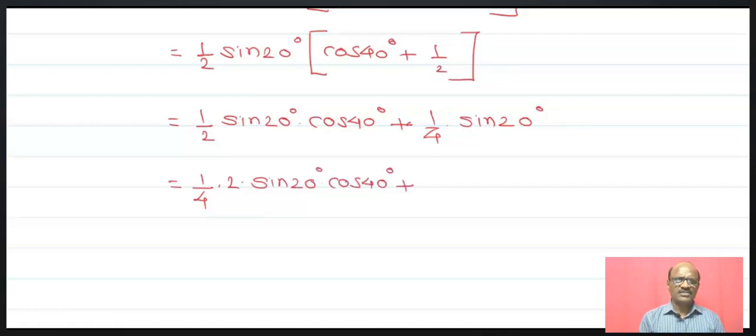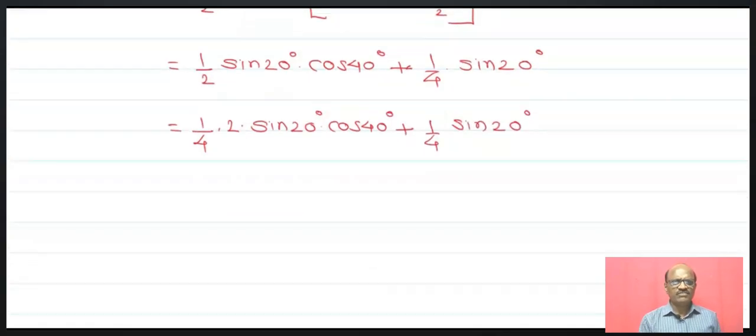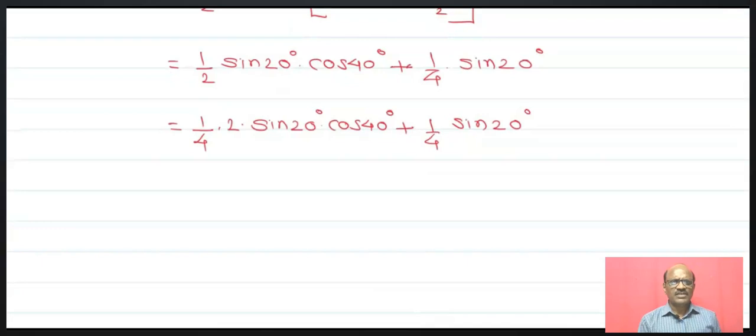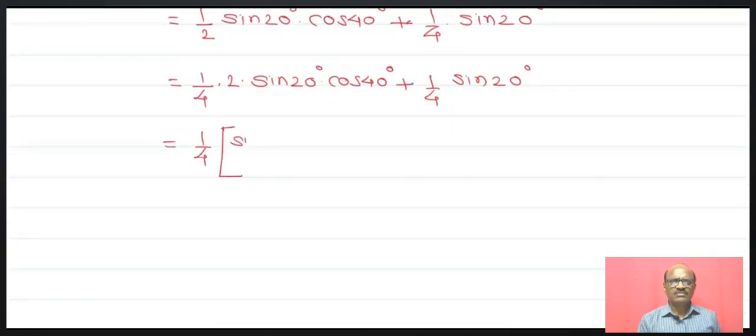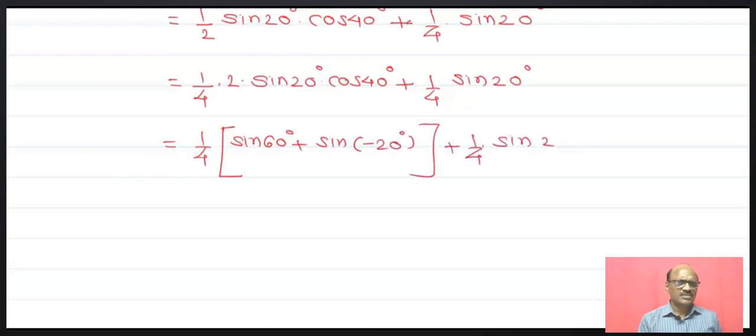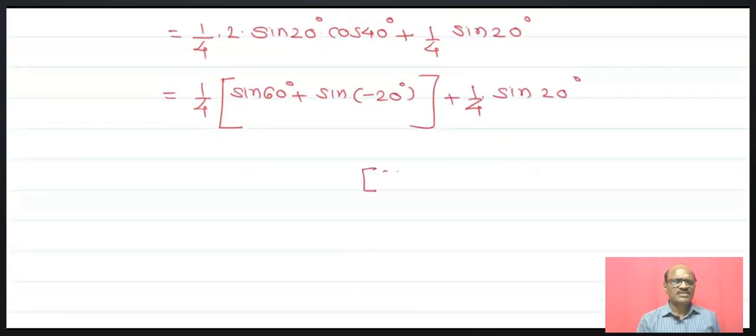Now again to adjust here, that is 1 by 4, 2 sin 20 cos 40, plus 1 by 4 sin 20. Therefore we will get 1 by 4, sin 60 plus sin of minus 20, that is 20 minus 40, minus sin of 20.